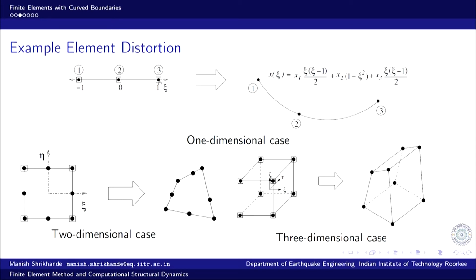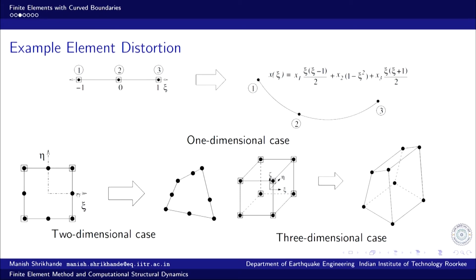For example, in the case of one dimensional element, it is bounded between minus 1 to plus 1. In case of a two noded element, this is of course a three node element, but it is possible to have a two noded element. Then in that case, one node would be at minus 1 and the second node would be at plus 1. For three noded element, the two extreme nodes are at plus and minus 1 and mid side node is located at 0.